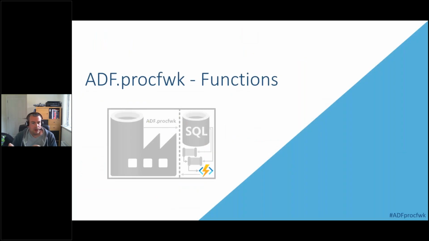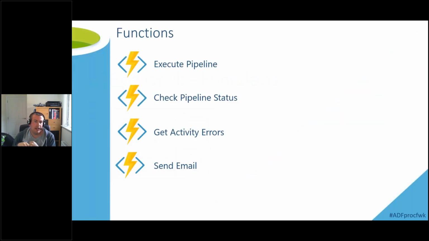So moving on now to the functions that we have within here. What we have in version 1.6 of the framework is currently 4 Azure functions, all sitting within the same function app.